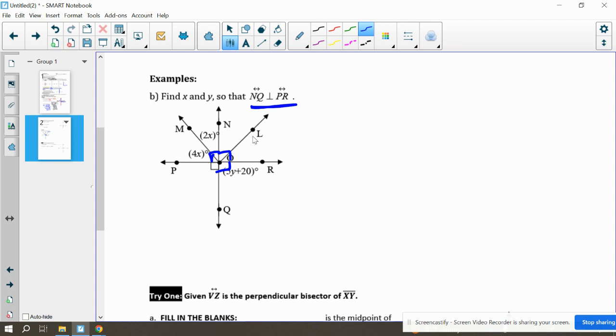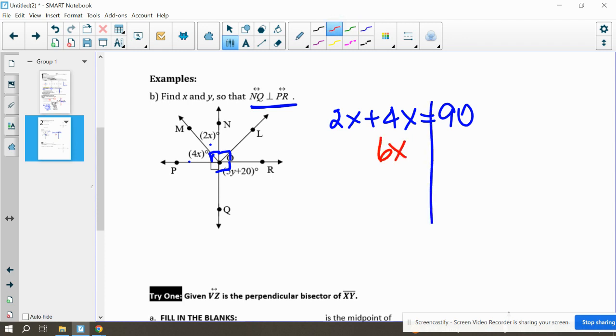So for instance, to solve for X, 4X and 2X are representing POM and NOM. Well, those two angles together are complementary. They are creating a 90-degree angle. So as we set up and solve, condense down, 2x plus 4x, we have 6x's.